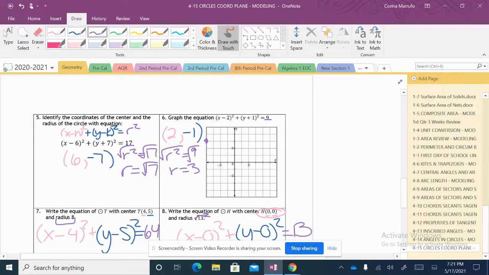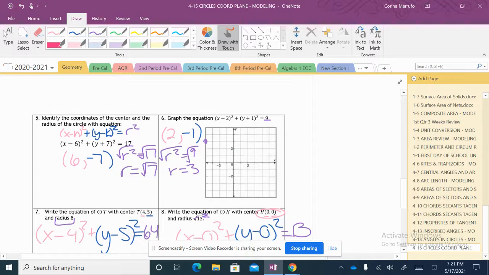My triangle here, to find the radius, is 1, 2, 3 across, and it rises 1. So we do 3 squared plus 1 squared equals c squared. This gives me 10 equals c squared. We take the square root, so the square root of 10 is going to equal my radius.